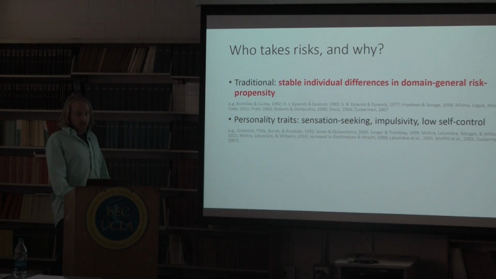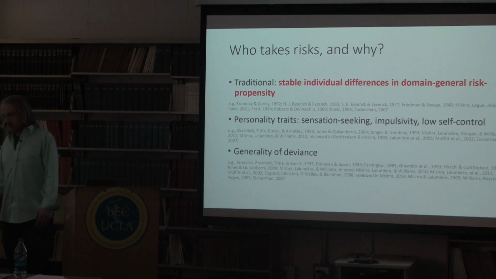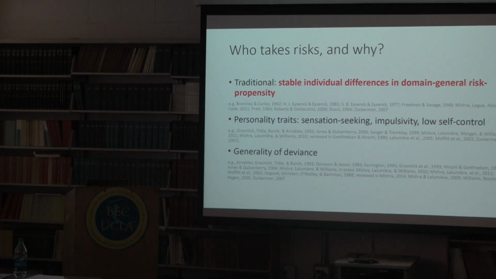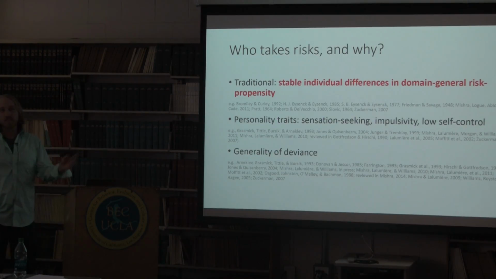A lot of supporting evidence for this comes from the so-called generality of deviance framework. Sometimes generality of deviance is offered as if it were a hypothesis, but really it's a description of a phenomenon, which is that a person who engages in one deviant behavior tends to also engage in other deviant behaviors. If you're driving recklessly and taking illegal drugs, you're probably more inclined towards violence in your interpersonal disputes.